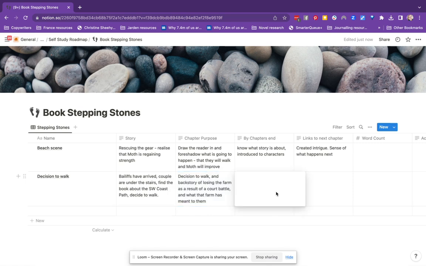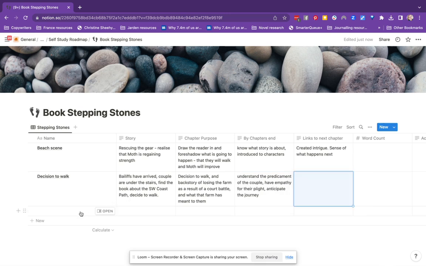And so by the chapter's end, they will start to understand the predicament of the couple, have empathy for their plight. We'd all have empathy for their plight, and I guess anticipate the journey. And it links to the next chapter because the next chapter is the diagnosis.